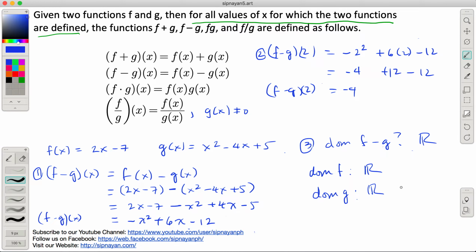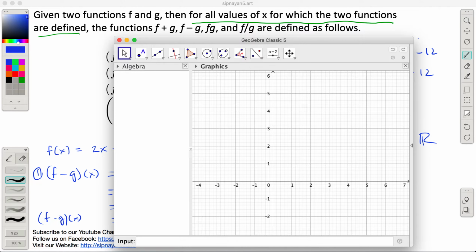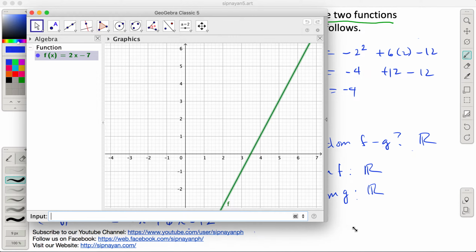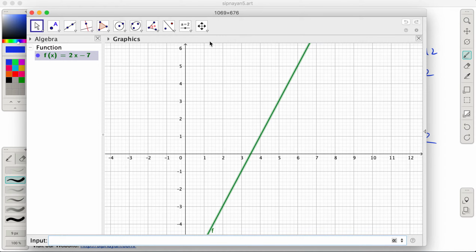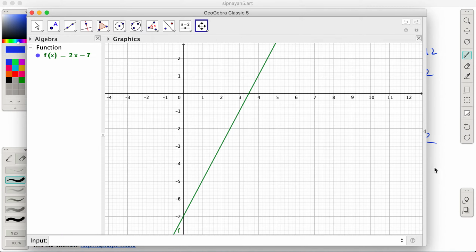Okay? So tingnan natin kung ano yung itsura ng f of x, ng g of x, tsaka yung minus na natin. So f of x is a linear function. Siyempre, line yan, di ba? Straight line, 2x minus 7. Yan siya. I should enlarge the window a little bit. Yan, yung graph niya.